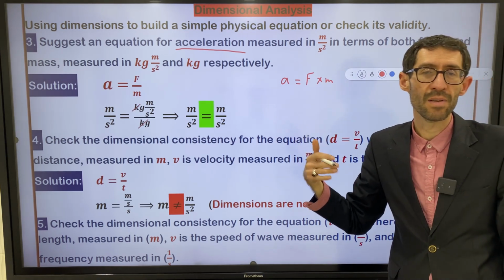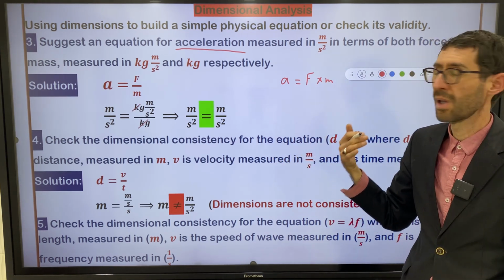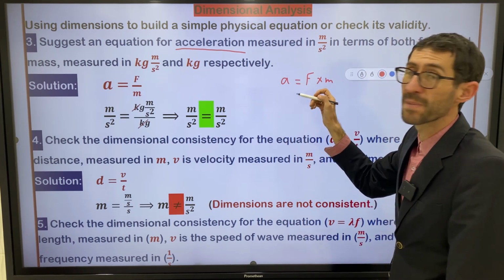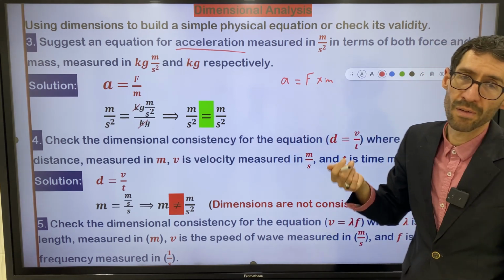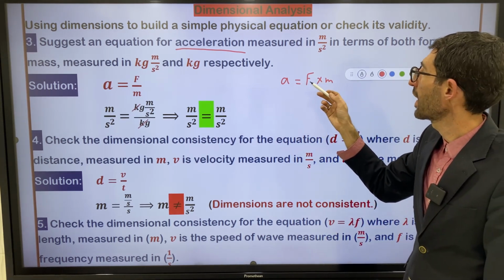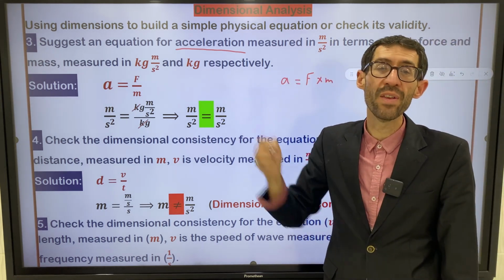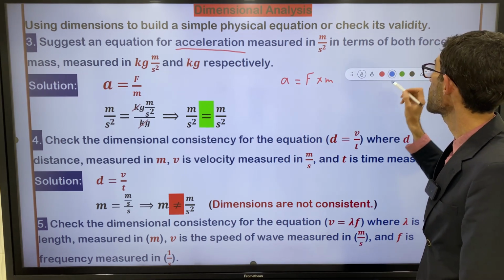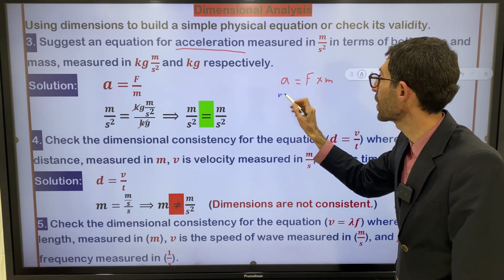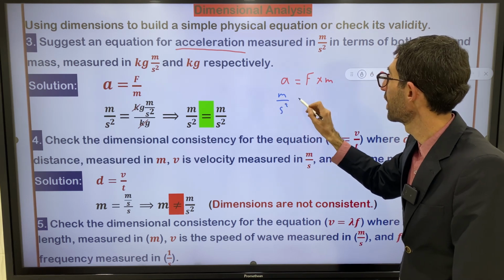This is my suggestion, right? So I want to substitute the unit for each quantity, based on the information within the question, right? Acceleration is measured in meter per second square in the question.